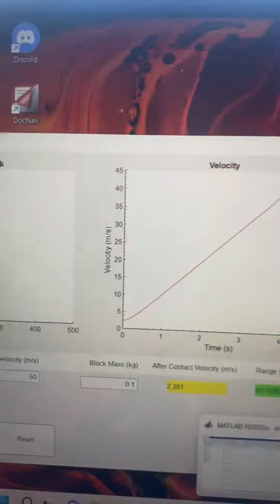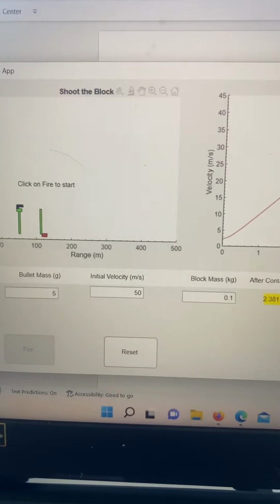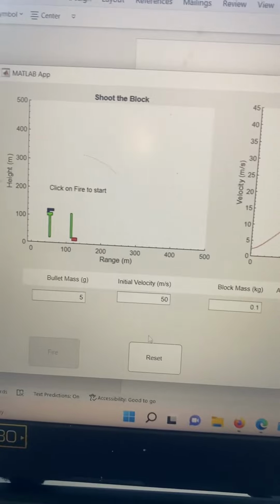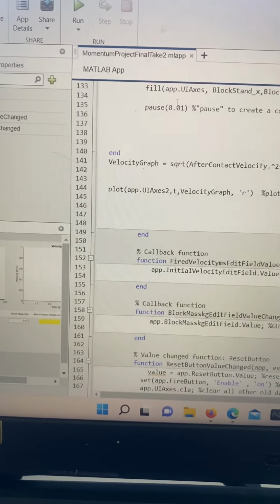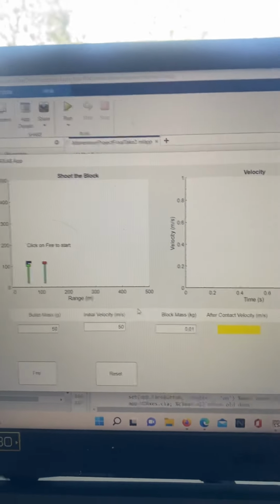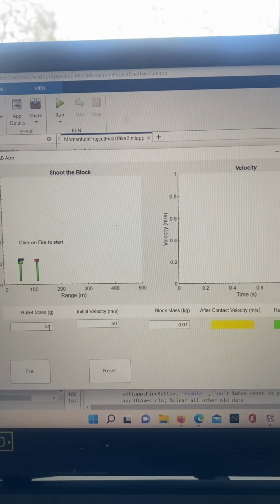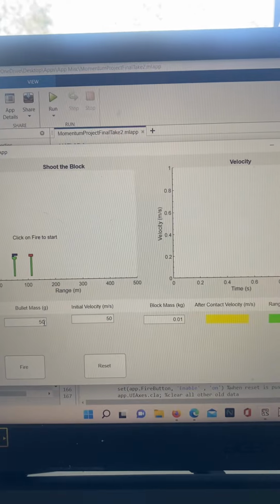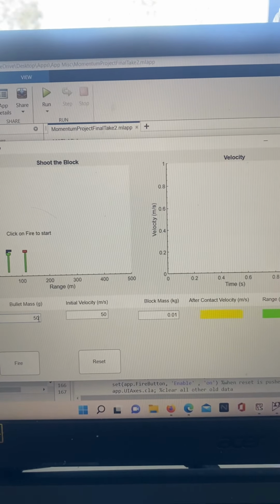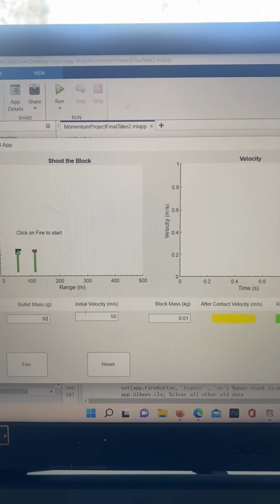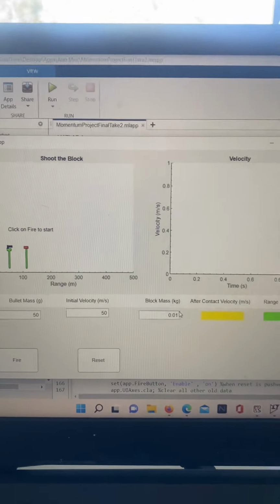So we're going to have to change something if we want to get the block to go a little farther. So hit reset. I'm going to run again. What we'll do is we'll make the block lighter instead.